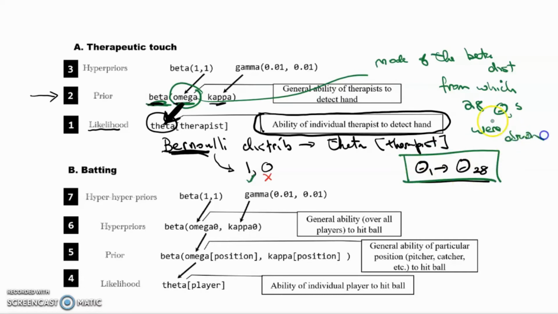So we're really focused on this omega. And then we had to have priors for both omega and kappa. We referred to those as hyperpriors, and there they are.